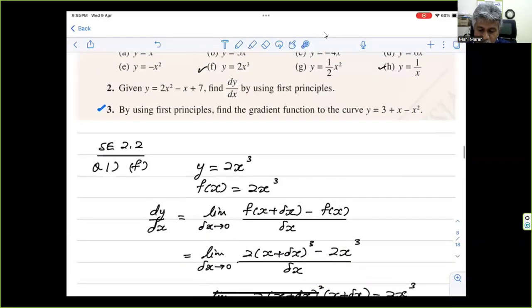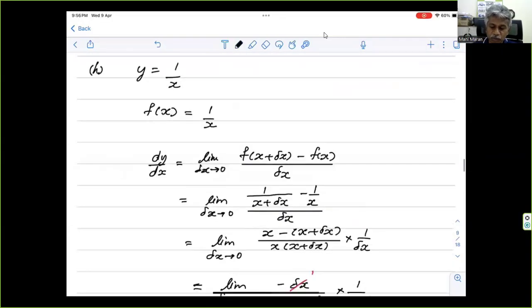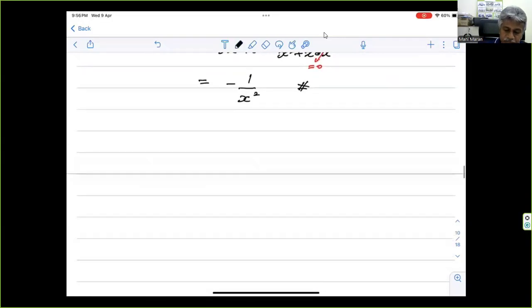So this part is question number 3. By using first principle, find the gradient function. Now you are asked to find the gradient function. In fact, the gradient function is your dy dx. Okay, so let's try question 3. Copy down question number 3.